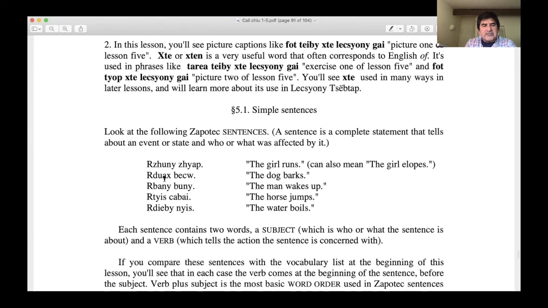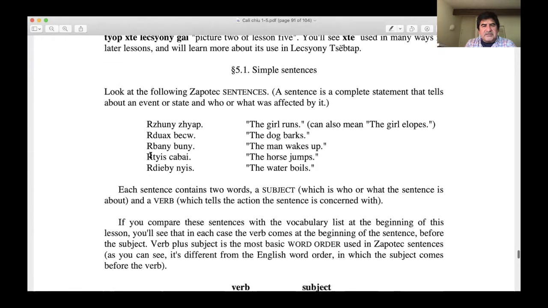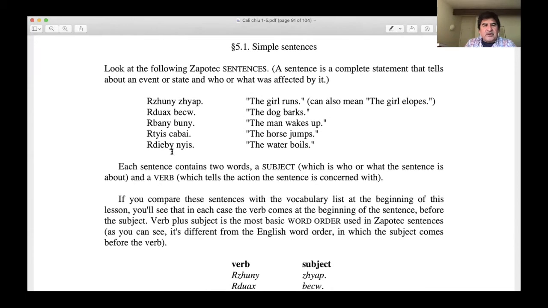Okay, next sentence. Rdoshpeku. Okay, next sentence. So, erbain buin. Be careful with that breathy vowel there. And the next one is rtieskavai.